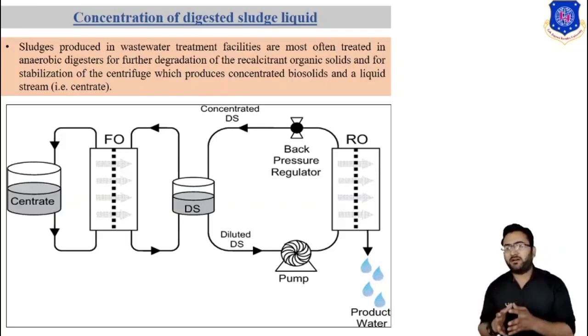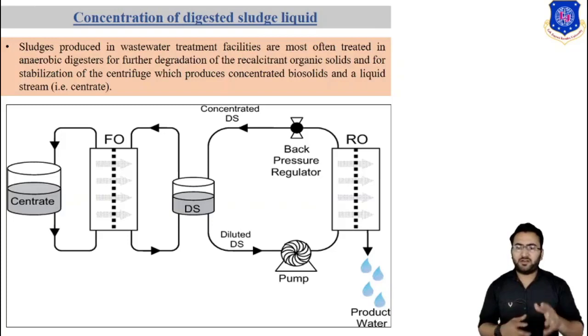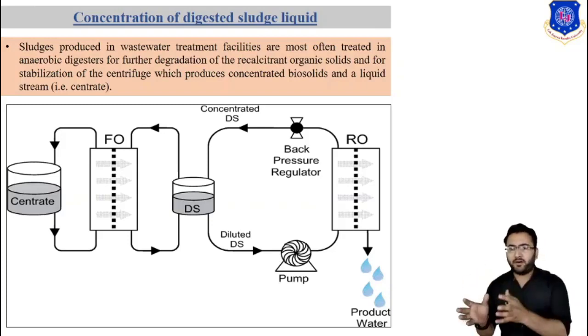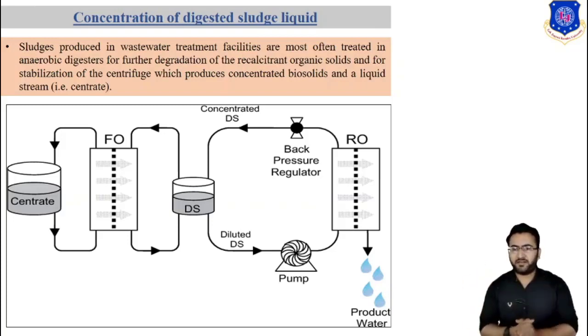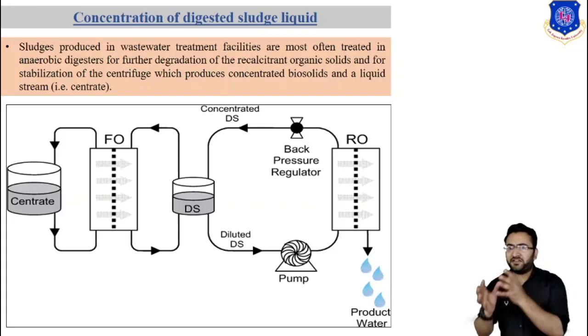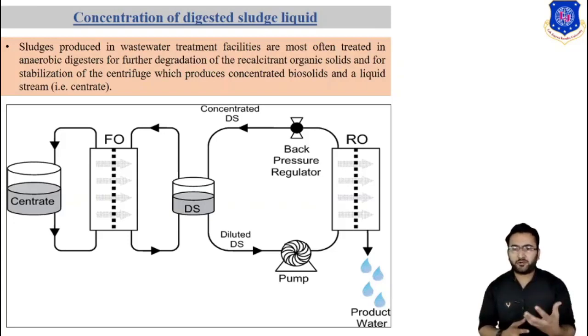The common practice for centrate treatment is to return it back to the headworks of the wastewater treatment facility for retreatment. When these species are returned to the head of the treatment facility, they increase the facility loading and operating cost, and it is suspected that some of the constituents end up in the effluent as nitrogen and phosphorus species. Reverse osmosis can be used as a potential process for the concentration of centrate.